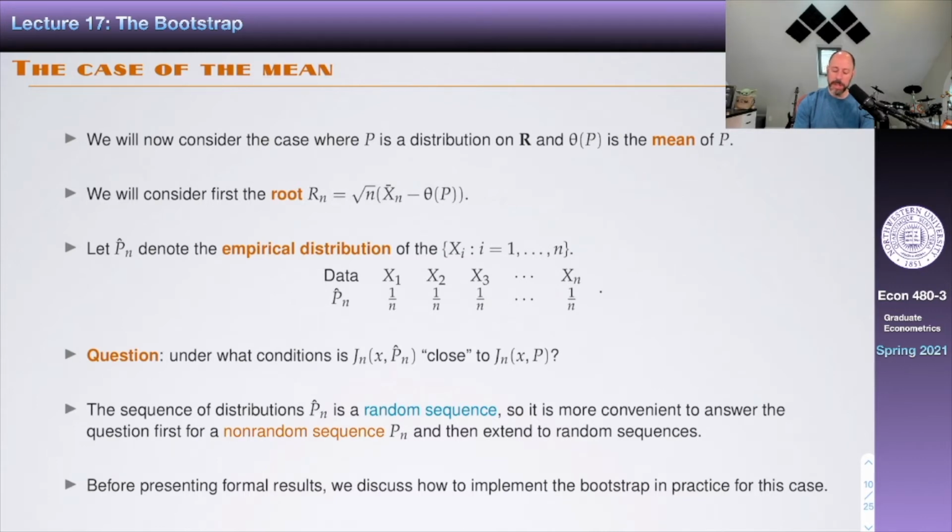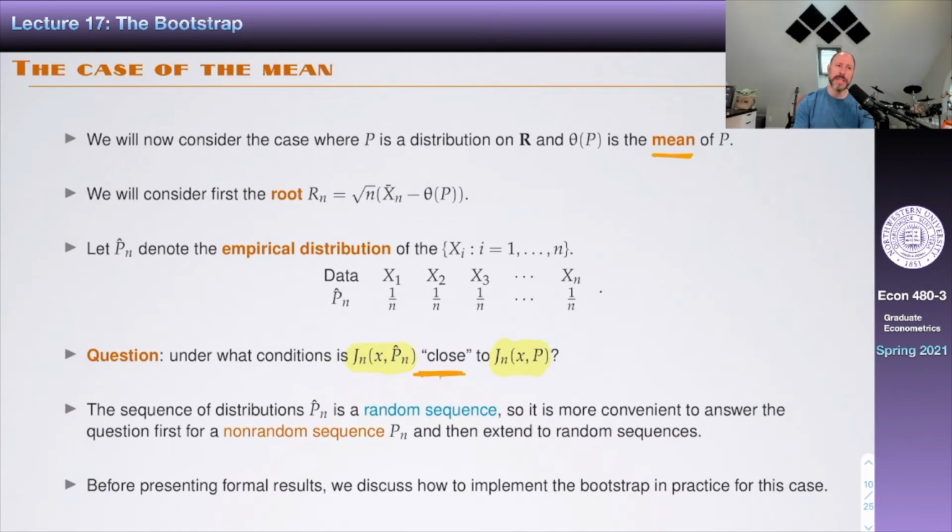The question is, under what conditions is the Bootstrap distribution, which is J_n under P hat, close to the sampling distribution of the estimator. And what we're going to do is present a theorem that is going to tell us under what conditions the Bootstrap works for the case of the sample mean, or the mean of a scalar random variable.